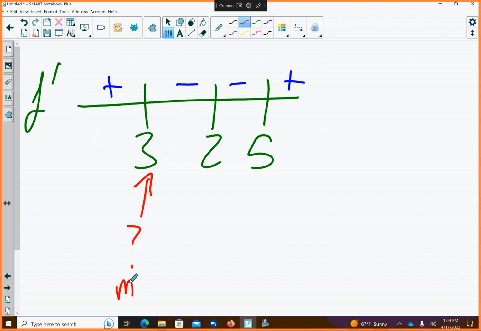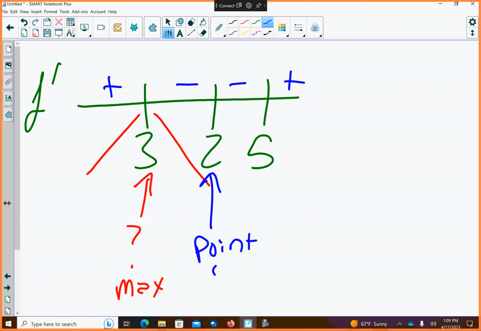It is a max. Okay, so think about what that would look like. It would look something like that. What is happening here at 2? Point of inflection. Signs didn't change. So this went negative, then negative.